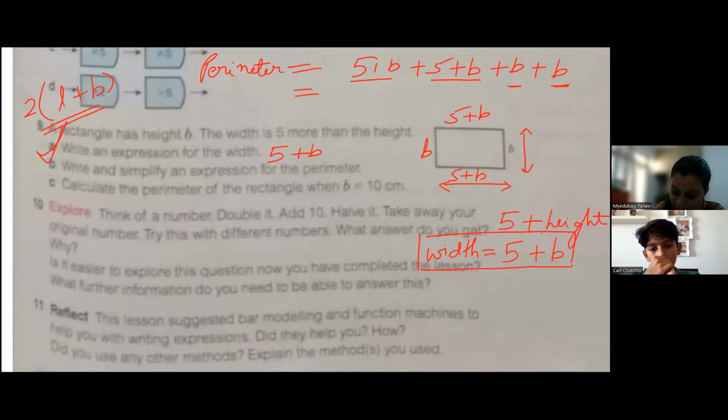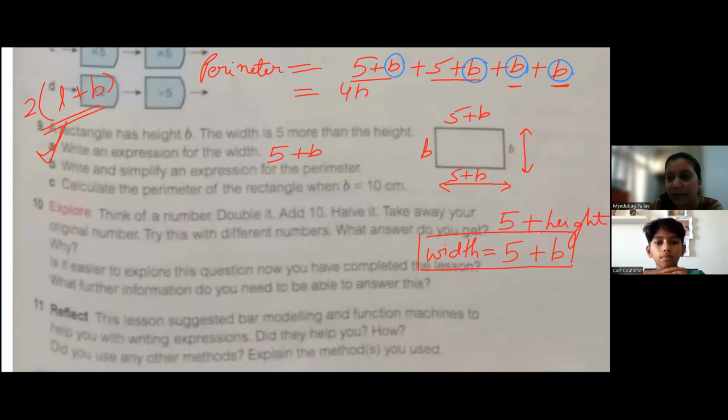What are the like terms? b. So 1, 2, 3, 4. b plus b plus b plus b will give us how much? 4b. That's correct, 4b.